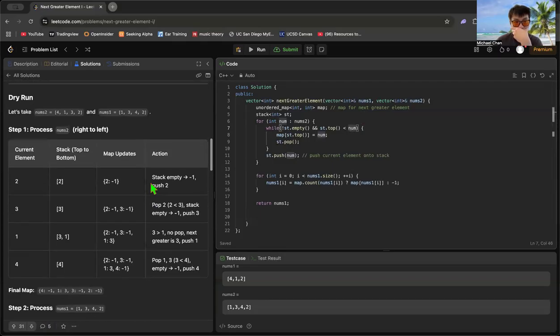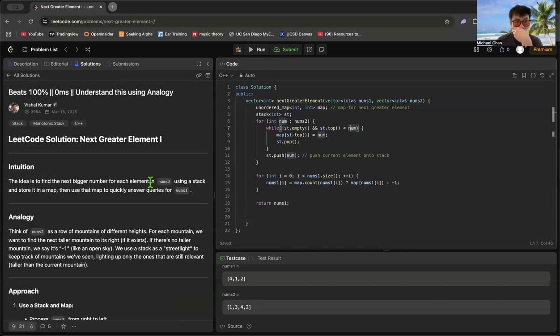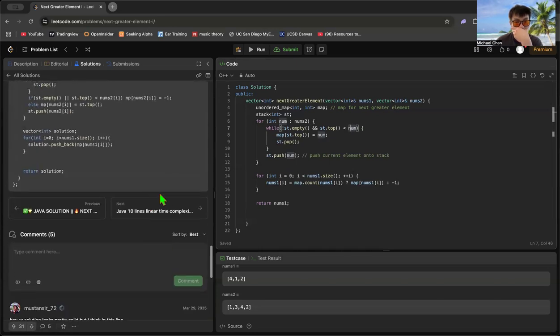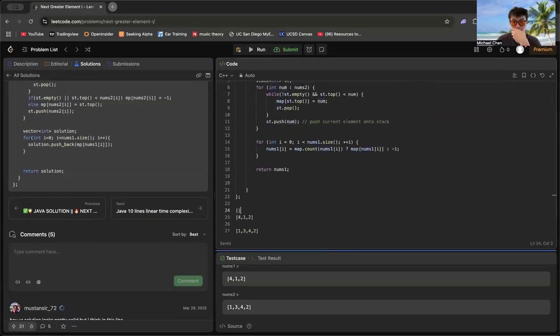But I'm going from left to right here, right? So there's my stack. I'm pushing one, and then now it's three, and my map.